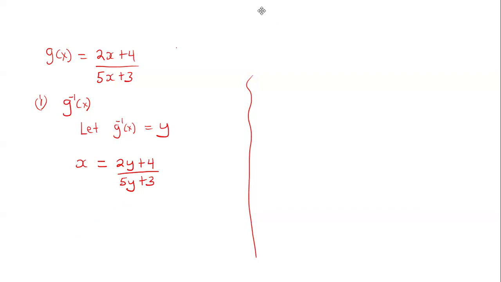So I did this: 2y out of 5y plus 4 out of 3 is equal to x plus 4 out of 3.